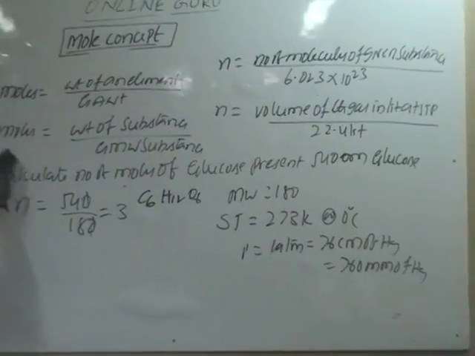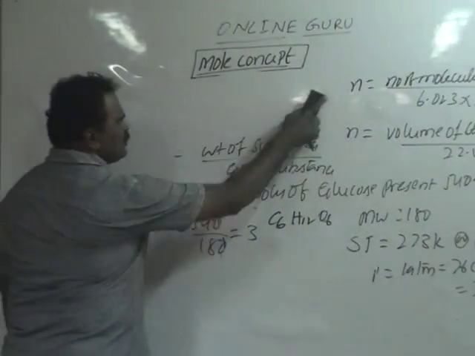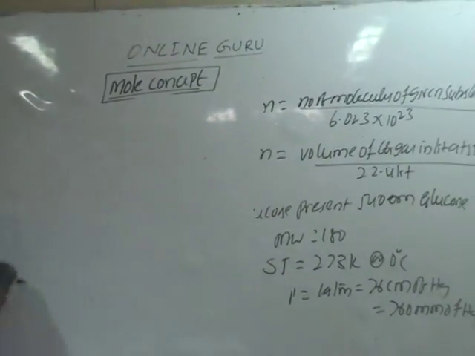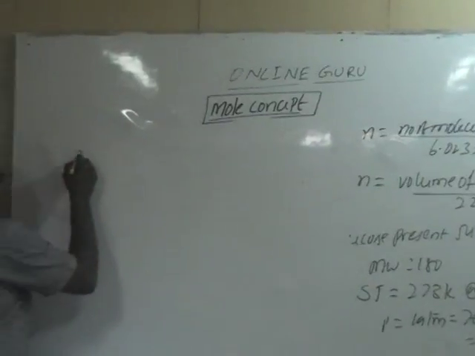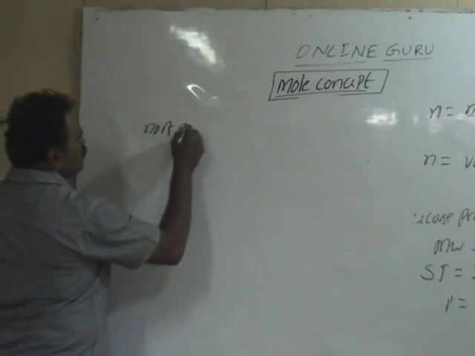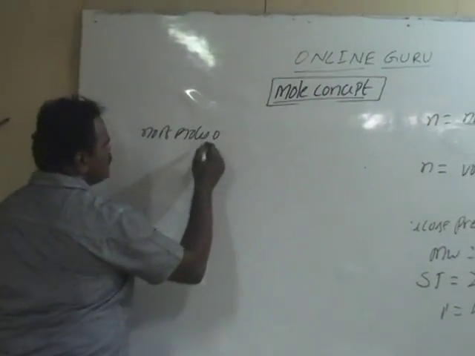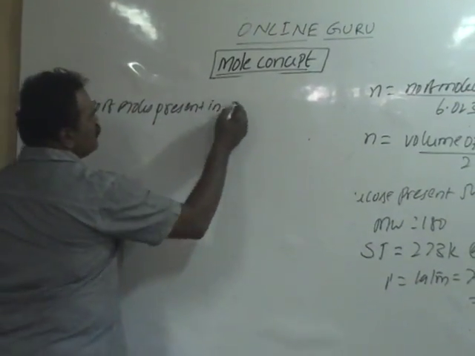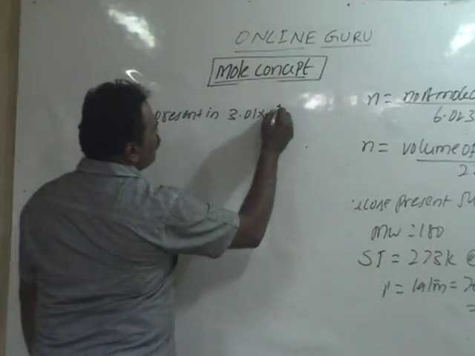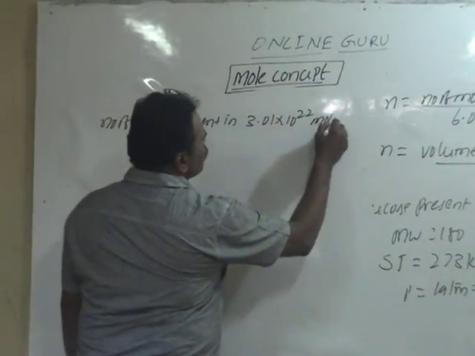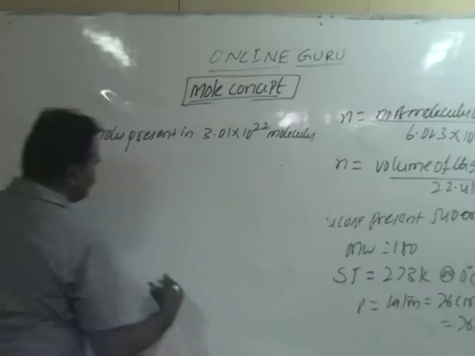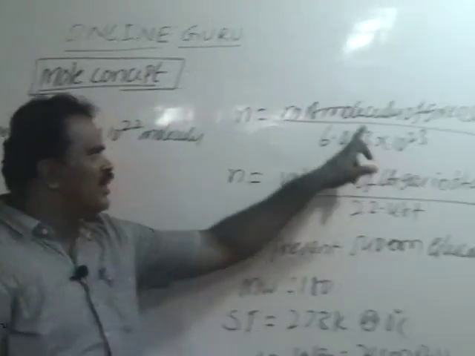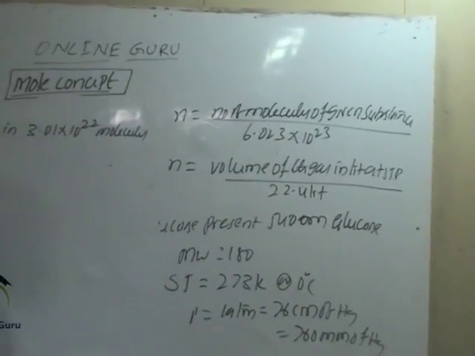So how can we find the number of moles? Calculate the number of moles present in 3.01 into 10 power 22 molecules. The formula is number of molecules of given substance divided by Avogadro number.